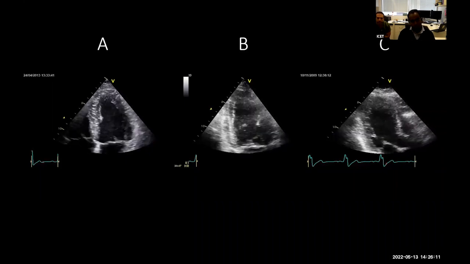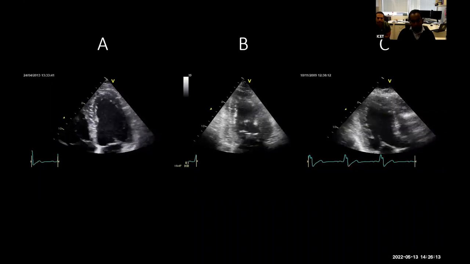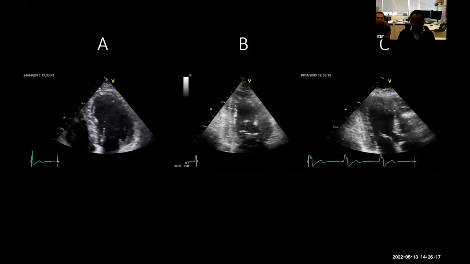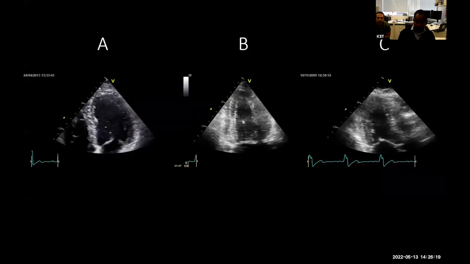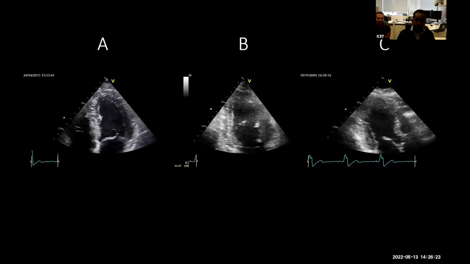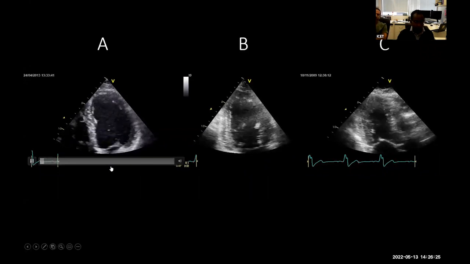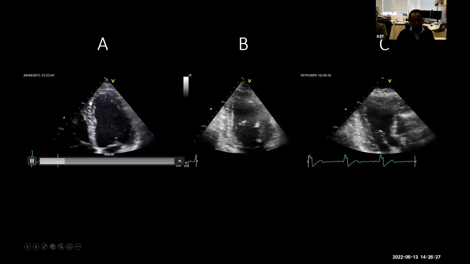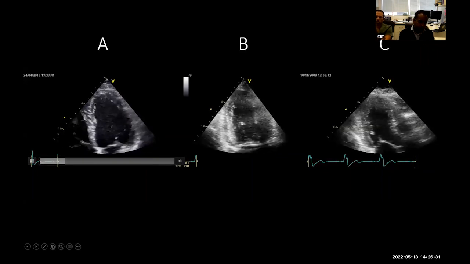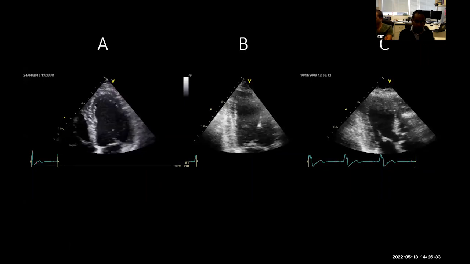I'm going to ask you, in terms of panel A, can I do strain on my 4 chamber? Yes. Ben behind me said yes. I'll vote yes, and that's correct. You've got a good quality image, you've got a good definition of your endocardium, and the strain can track.